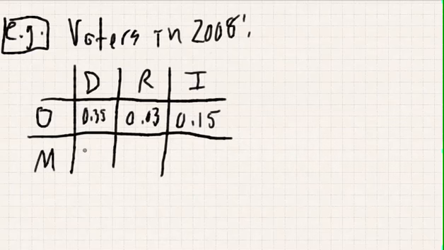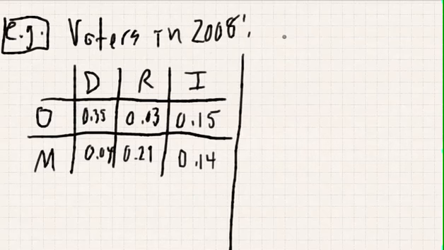Now, Democrats voting for McCain, 4% of the entire voting population were Democrats voting for McCain. 29% of the entire voting population were Republicans voting for McCain, and 14%, 0.14, were independents voting for McCain. So let's compare these probabilities. What's the probability that somebody voted for Obama?